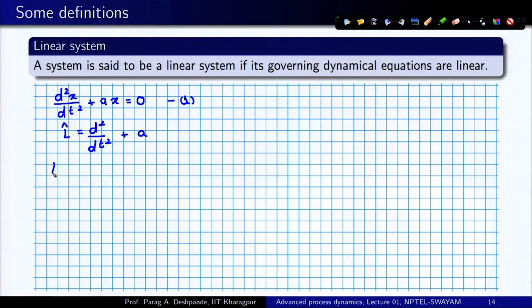So, L operating on x means d 2 by d t squared plus a operating on x. What is the meaning of operating on x?